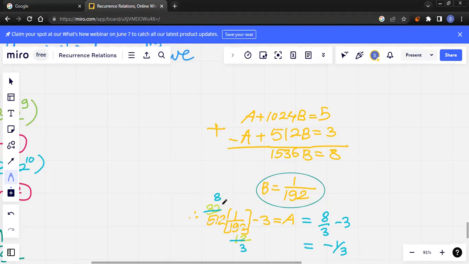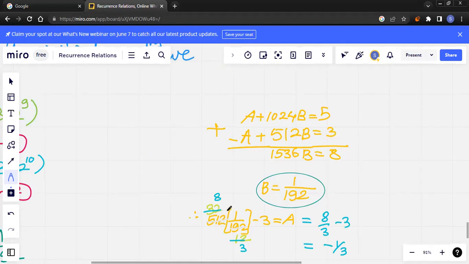Now to get the value of A, we have to put this in either of them. We put here because A is having minus sign. Let us drive this A to that side and 3 to this side. So 512 into the value of B minus 3 is equal to A. Now you divide this by, I think, 16. 16 threes are 48. So remainder is 3, 32.